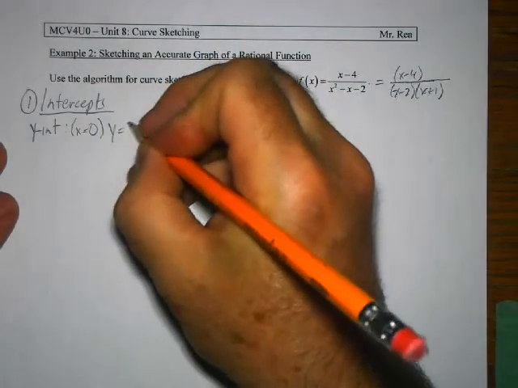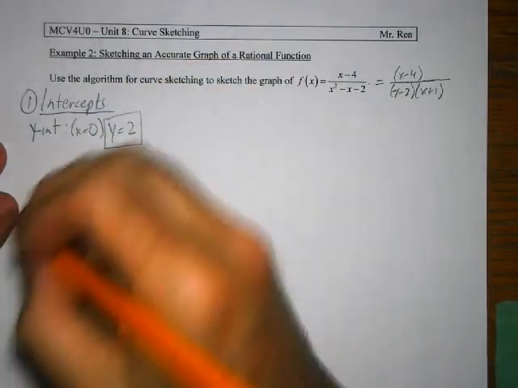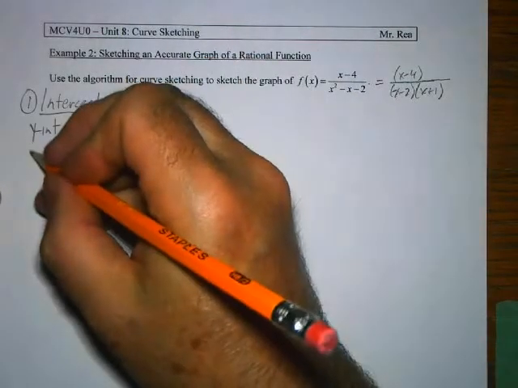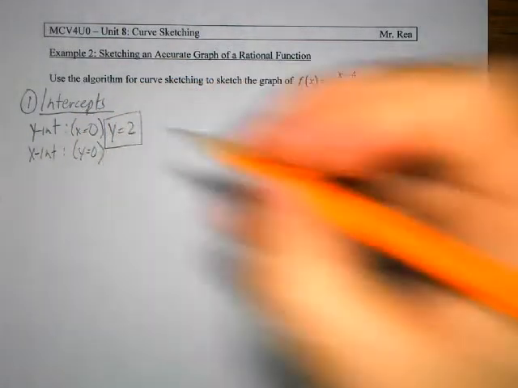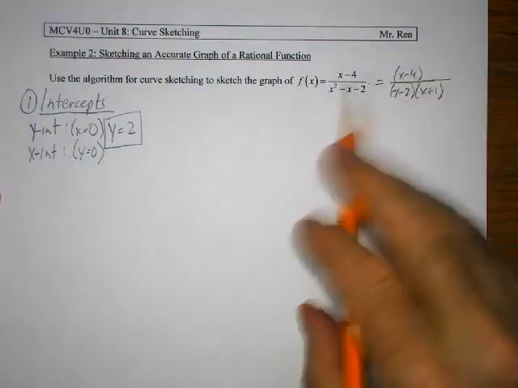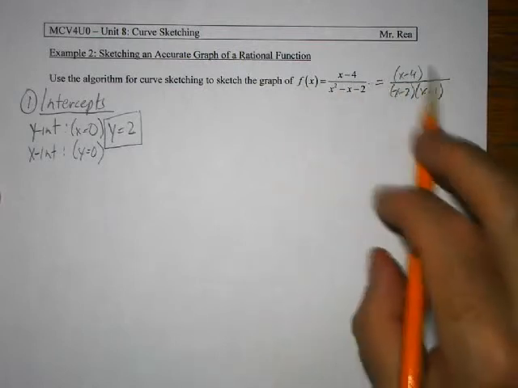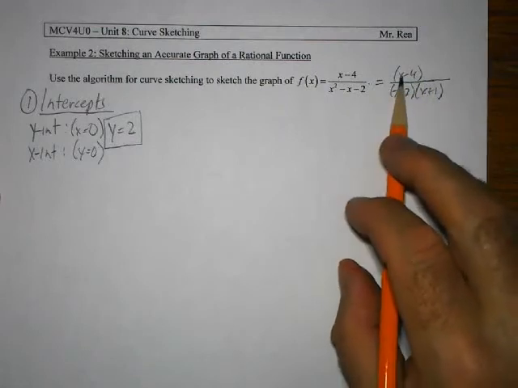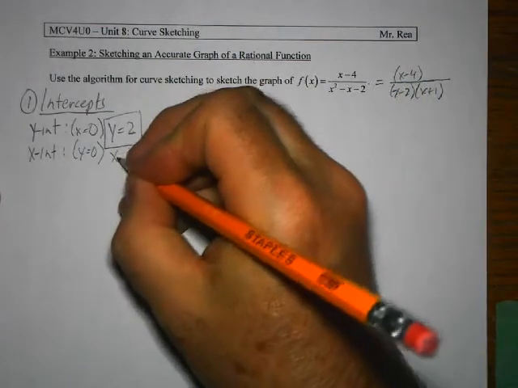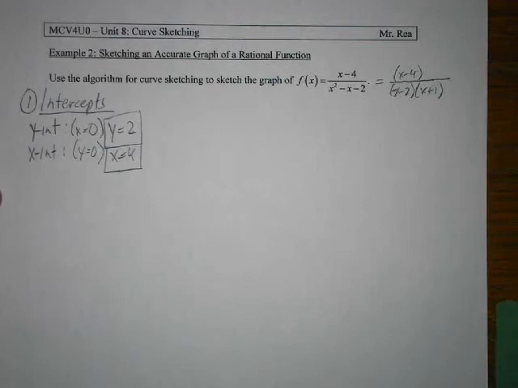So that's your y-intercept. Your x-intercept is when you set y equals 0. I'm not going to do the whole thing here, but basically when you set y equals 0, you're setting this whole thing to 0, which means you're really solving for the numerator equals 0. So in this case, x would be equal to 4. So there's your x-intercept. You only have one of those. And of course, you never have more than one y-intercept.